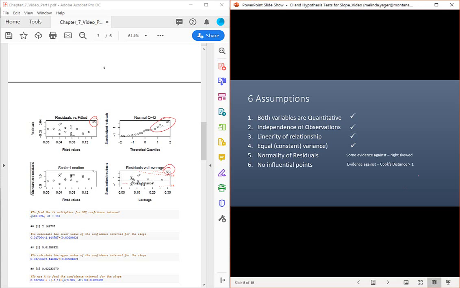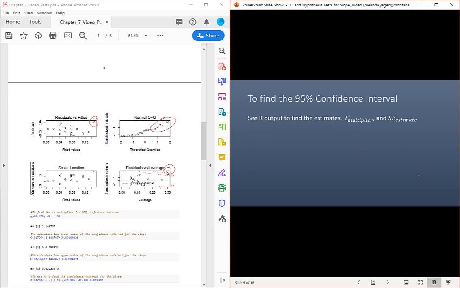We're going to continue on finding the confidence intervals and looking at a test for slope. To find the 95% confidence interval, we will need the estimates for slope and the y-intercept, the t-star multiplier with n minus 2 degrees of freedom, and the standard error of each estimate.